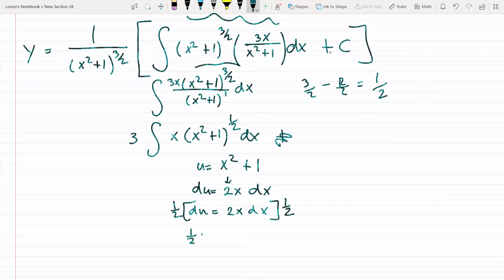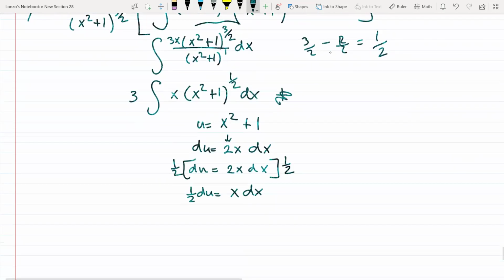So it's 1/2 du. And then this is x dx. And then x squared plus 1 is u to the 1/2. And then you can replace x dx with 1/2 du.